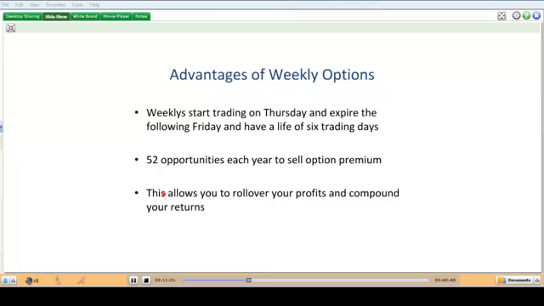So if you invest $4,000 in a weekly covered call trade, and over the course of a year you collect $4,000 in cash premiums, that allows you to compound your results, because as you're receiving that cash, you can buy more shares of the stock and increase the number of covered call trades you're doing. So it allows you to compound your returns pretty quick.